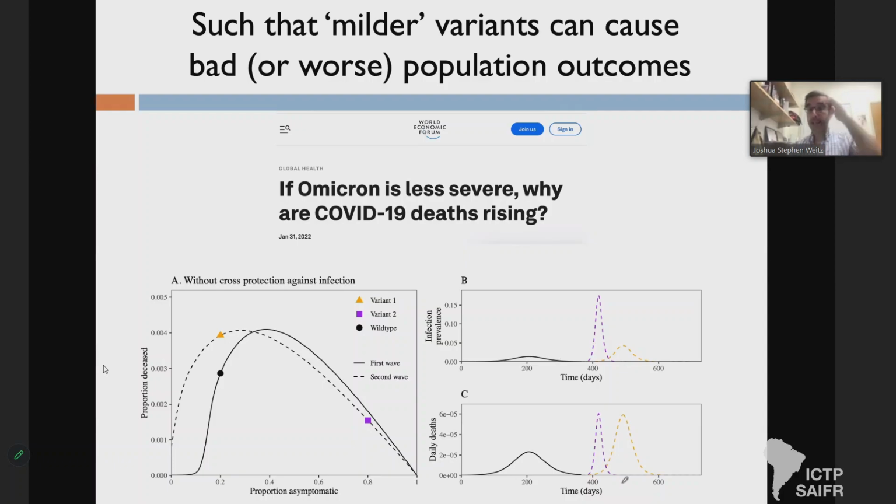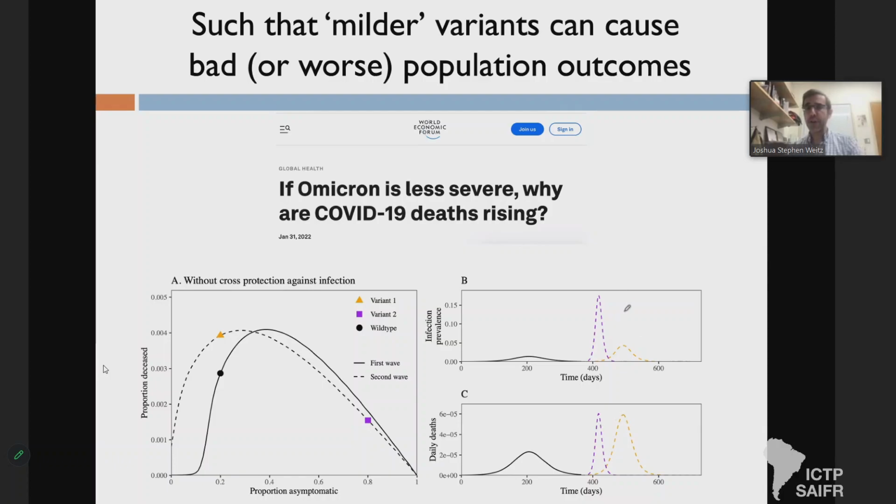And now, in fact, in these new models, going back to the point before, depending on how much cross-protection there can be, you can get a larger wave in terms of the peak daily deaths can go up, even if the variant is milder, because it infects so many more people because people are not taking protective steps because they're largely asymptomatic.